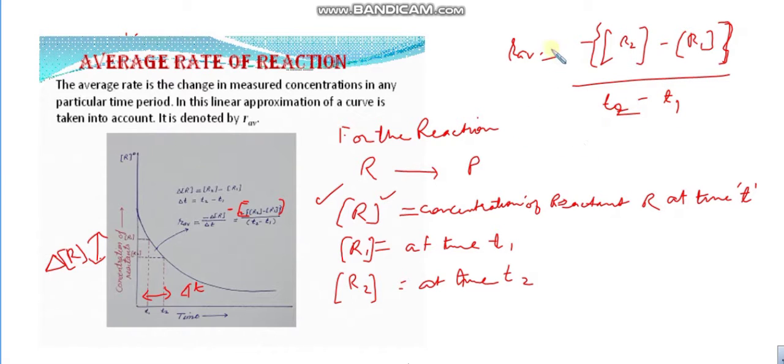So this is rate average, minus delta R upon delta t. We can write here in this way.